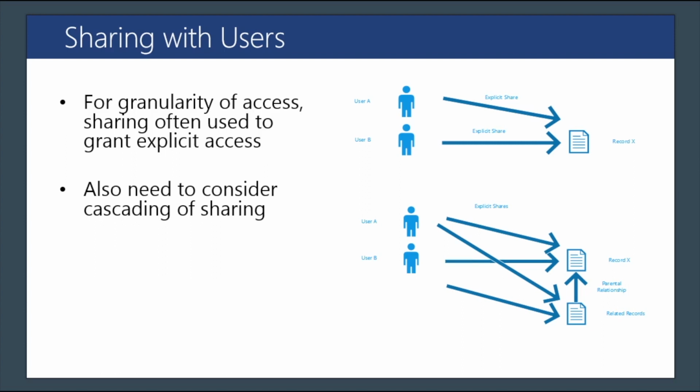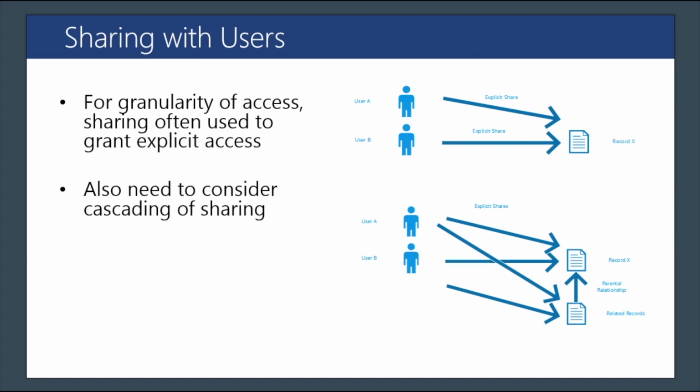So what might not be obvious when a record is being shared with another user is that cascade that happens. If that record has a relationship with other records or child records in the system, there are relationship behaviors that define what happens when a record is shared. And for parental relationships, that sharing behavior is set to cascade the share.